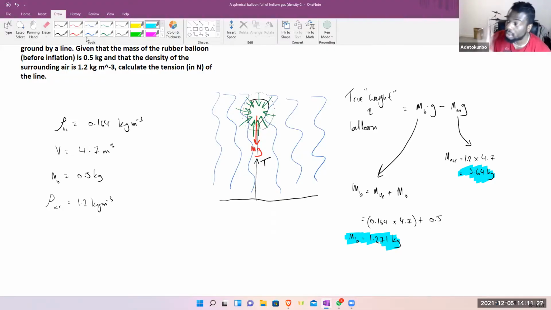So when we go back to the true weight of the balloon, weight is a force, isn't it? So you will realize that the resultant force is the resultant weight, which happens to act upwards, and that will be the tension.